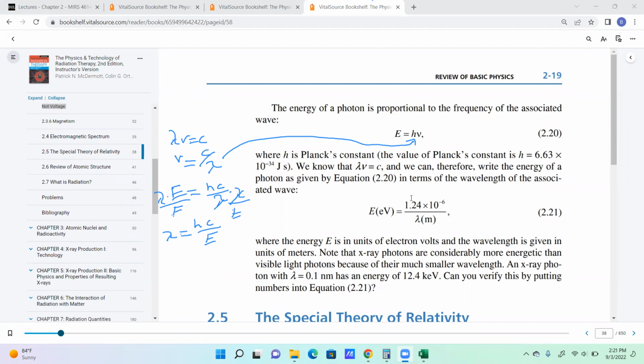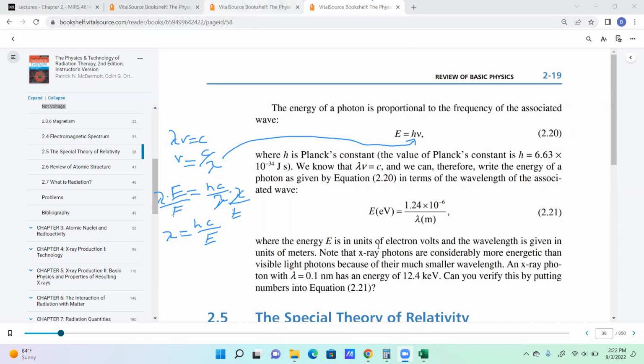Now, that's not really going to help us that much in terms of writing this in eV. So the question is, what sort of change do we have to make in order to get that number to match what's on the screen?